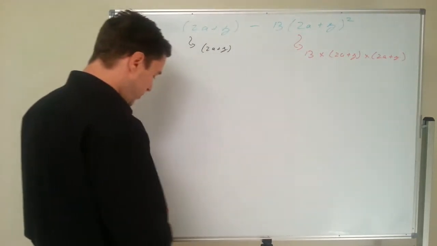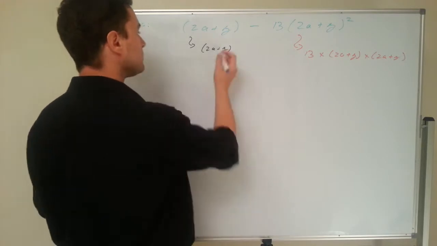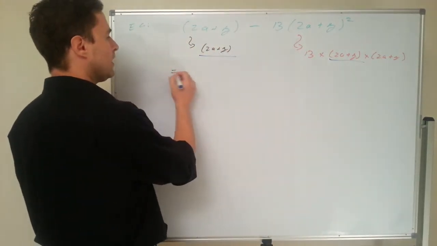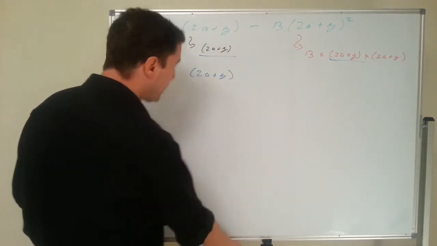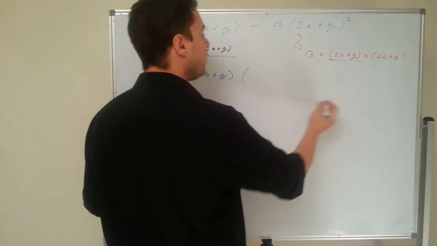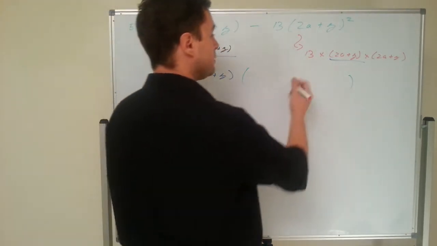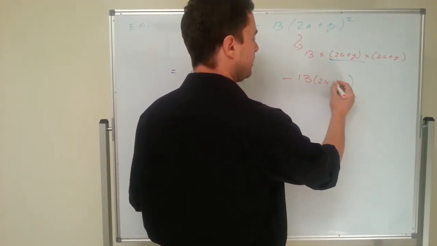So you should be all going, this is cool, you can take out a bracket of 2a plus y. So I go, okay, cool, let's take out that one and let's take out that one. So we write here 2a plus y, and we say, great, super. So what's left over? Well, everyone will go like this: negative 13 times by 2a plus y.